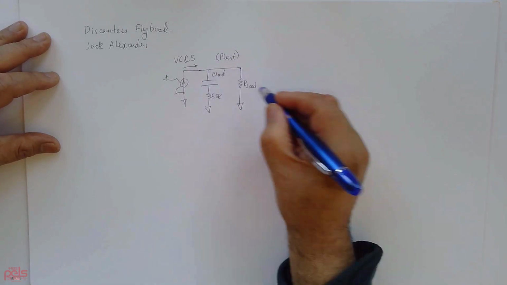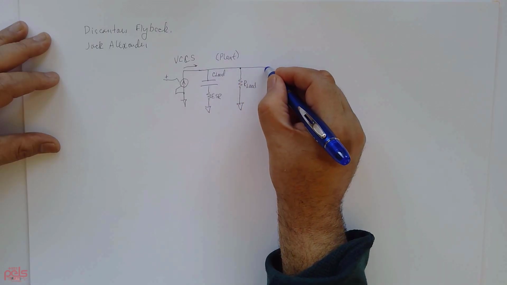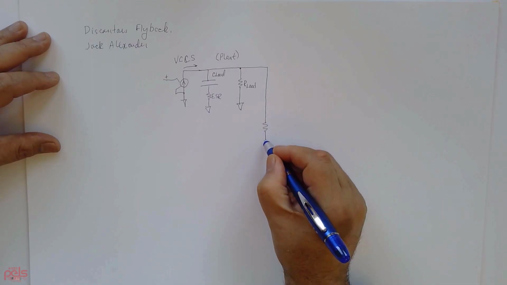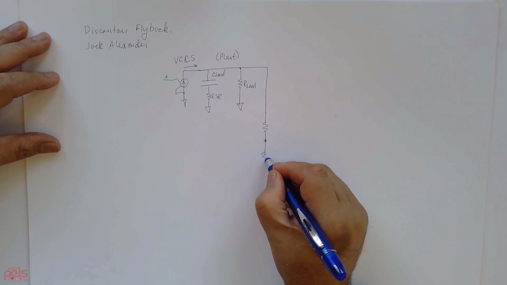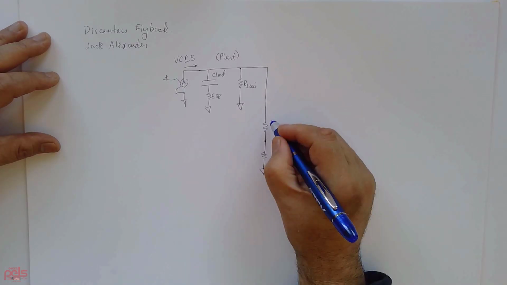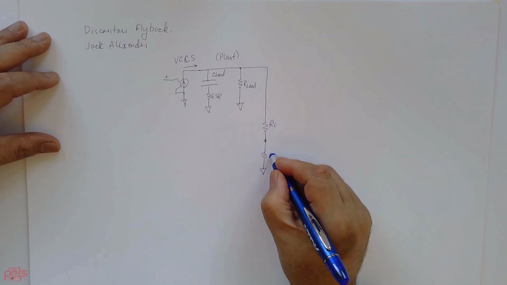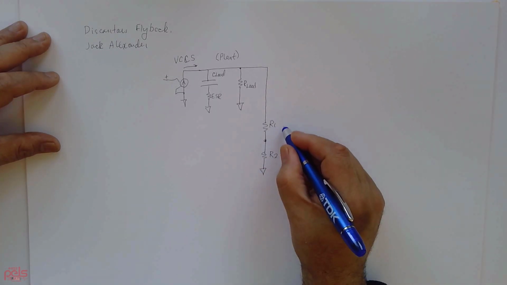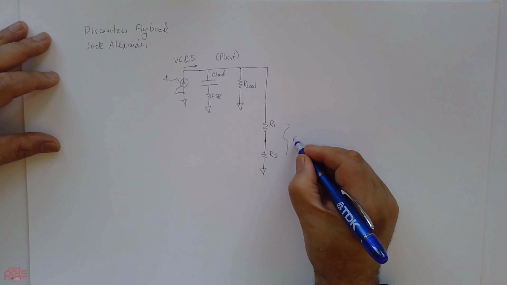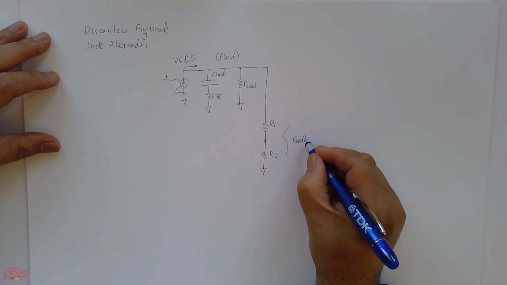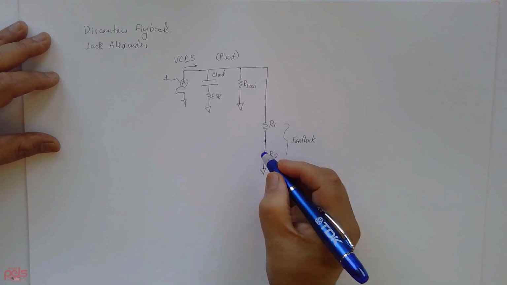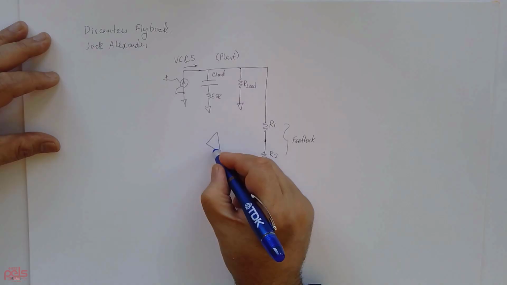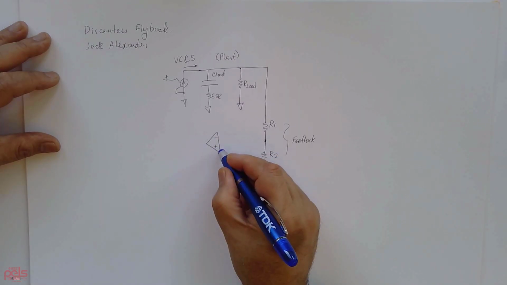Then once you have your plant, there's always a divider network that goes to ground. We can call this R1 and R2, and this is really your feedback. Then you're going to have an error amp.